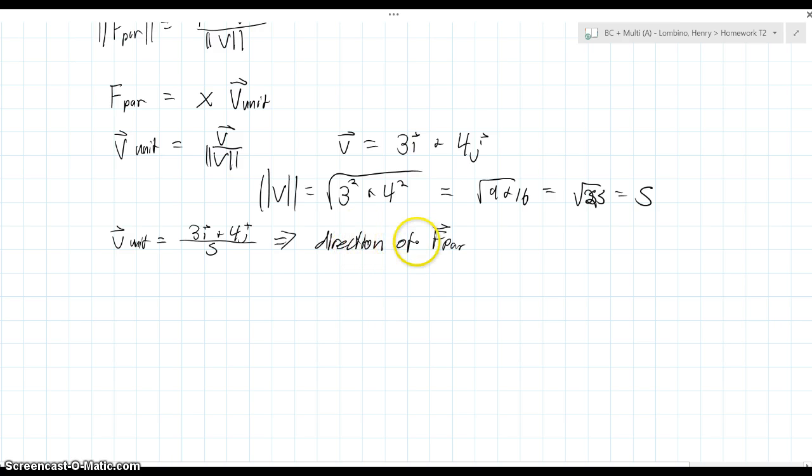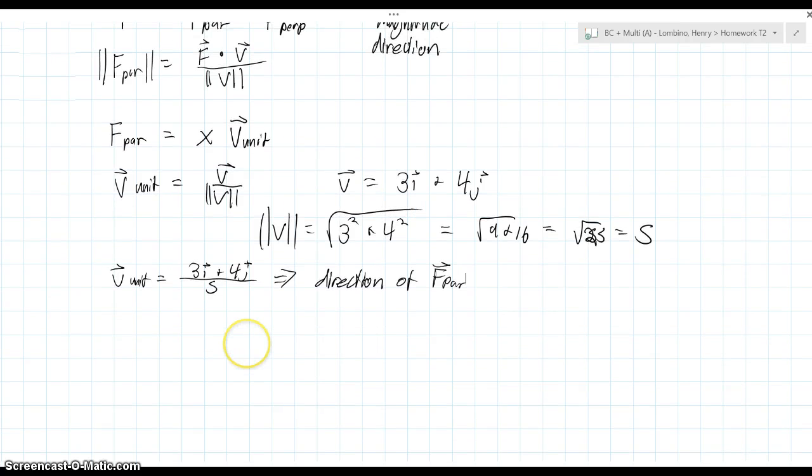So now we have to find our magnitude. We have this equation up here for finding the magnitude. The magnitude of f parallel is going to be equal to the dot product of f times the unit vector of v.